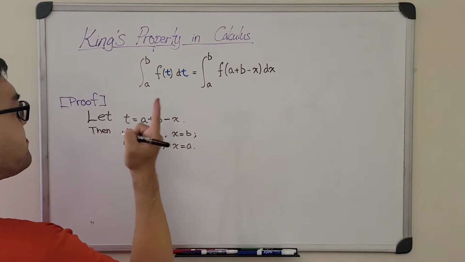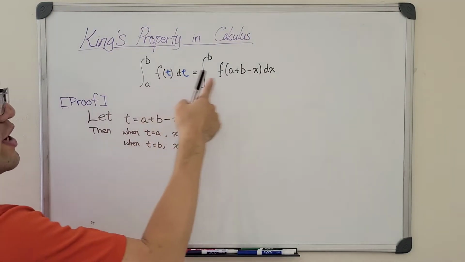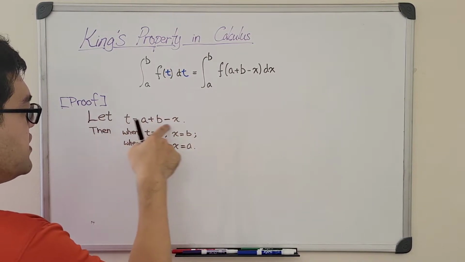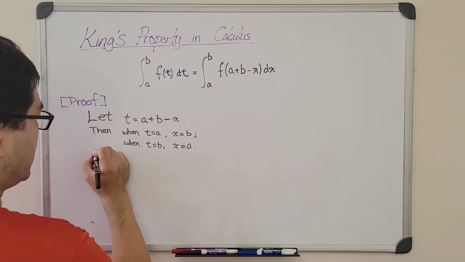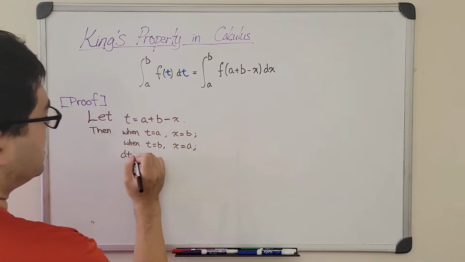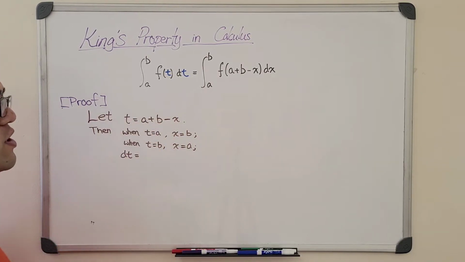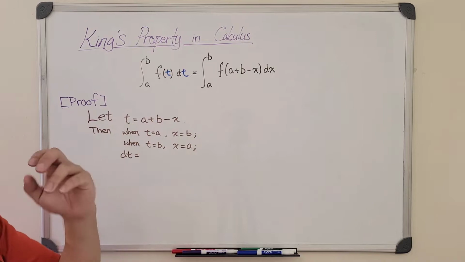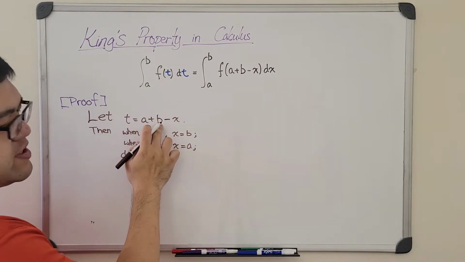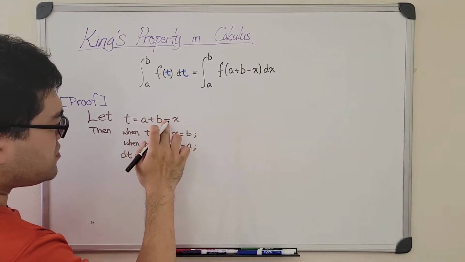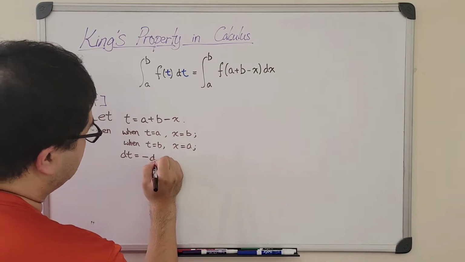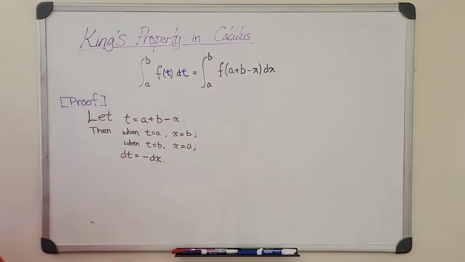Also, since we have dt here and we want to make it into dx, of course we need to take the derivative of this expression. And we get dt is equal to, if we take the derivative on the right hand side with respect to x, a is a constant, so it turns into 0. b is a constant, so it becomes 0. And then negative x becomes negative 1 times dx, or just negative dx. Good.